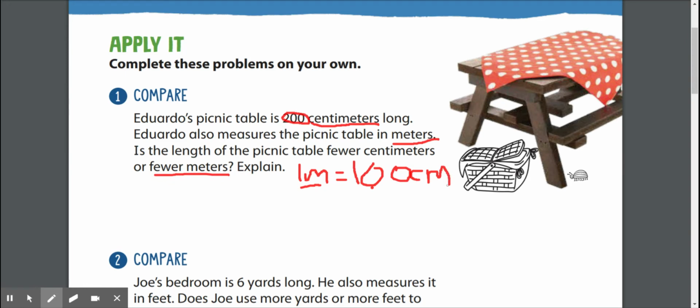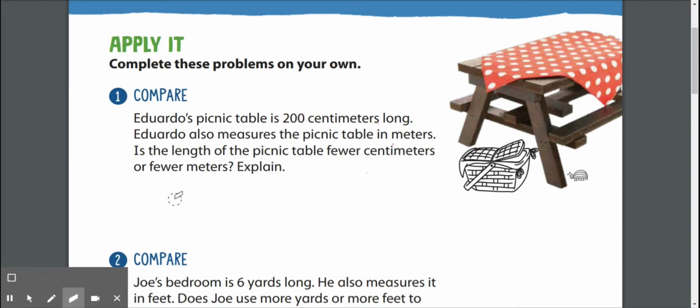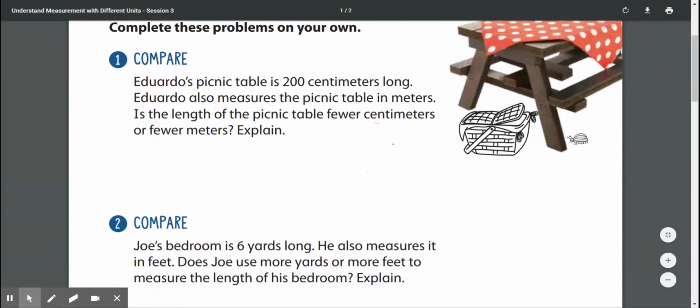And the bigger or longer something is, the fewer we have. So I want you to be thinking, if I have 1 meter, or 100 centimeters, which one will you have fewer of? So don't forget to make sure you explain your answer as you are working.